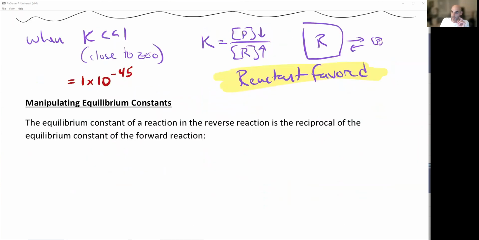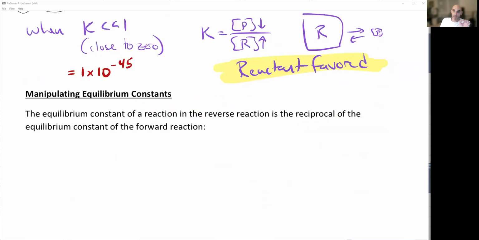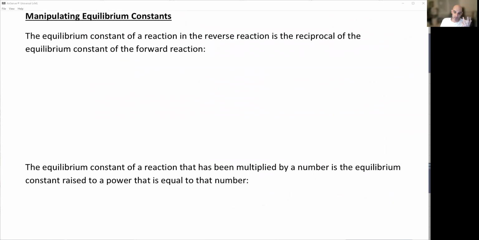All right, so that's what the value of K means. We can manipulate K values because remember, it's based on a balanced chemical equation. So if I alter that equation, it is going to alter the equilibrium constant. So let's give that a go.